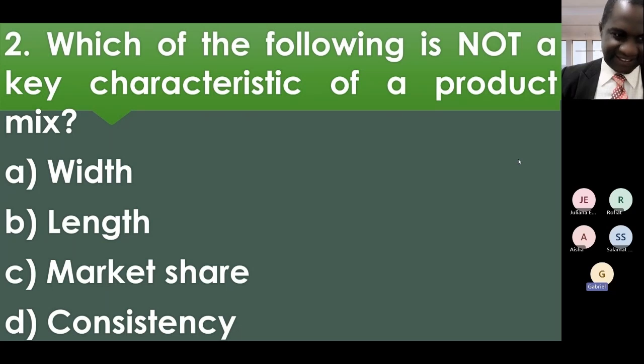Either A or B, I'll take A. Are you sure it's A? Not to. You see, Julie is even helping you. She said not. This is not the key characteristic. Market share, yes. Consistency, yes.